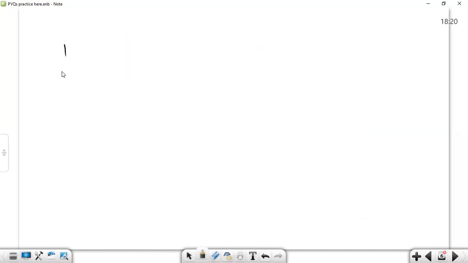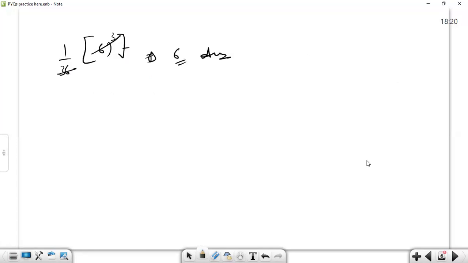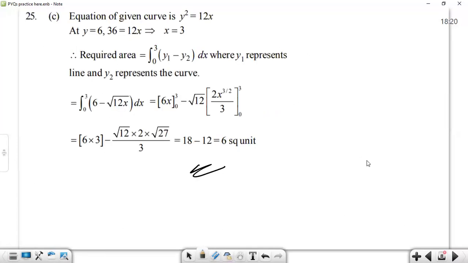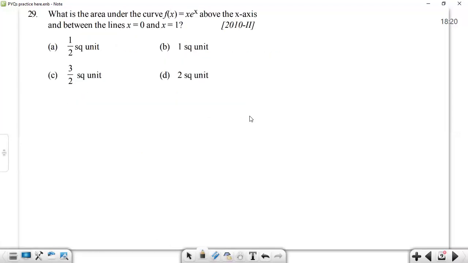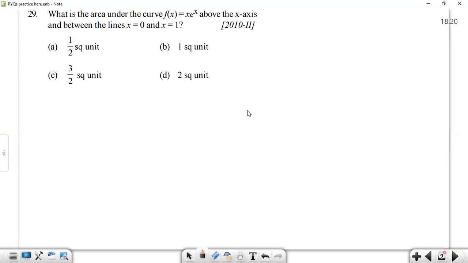So this will become 1 by 36 into y cubed. So 6 cubed minus 0 cubed, that will be 0 only. So let's neglect that. 216 by 36, that 6 will remain. So this will be our answer. This is also simpler. Anyway, whichever way you prefer, that will give us the correct answer. Clear? Yes, sir. Okay. They have also solved using the method which we solved first.